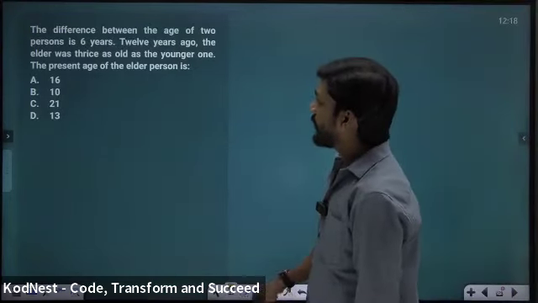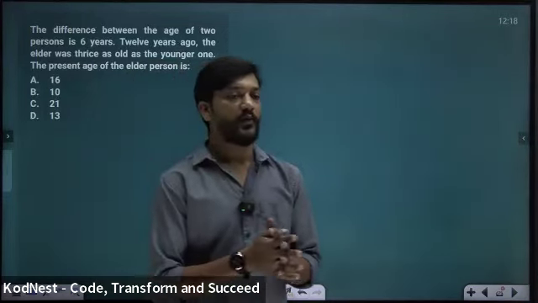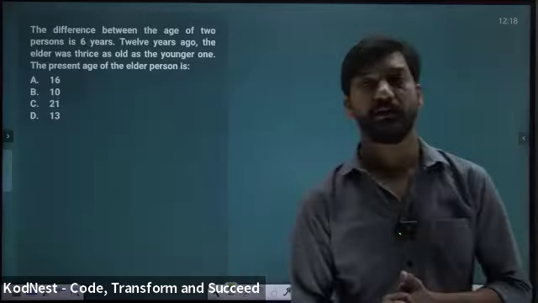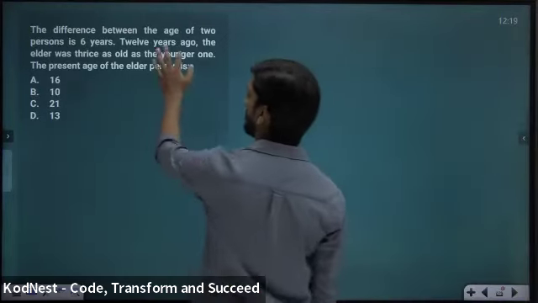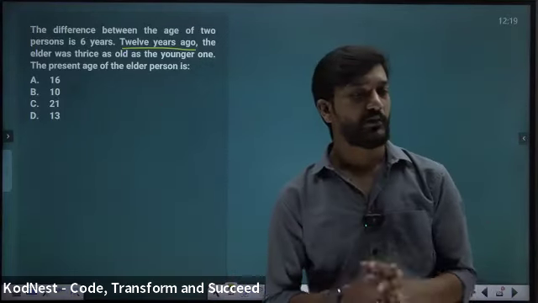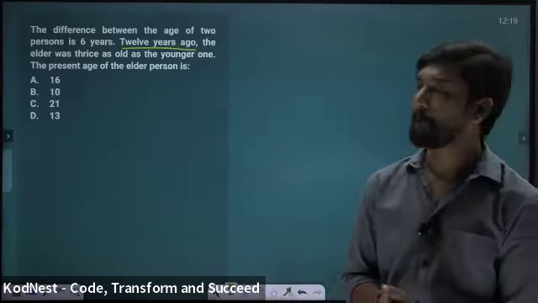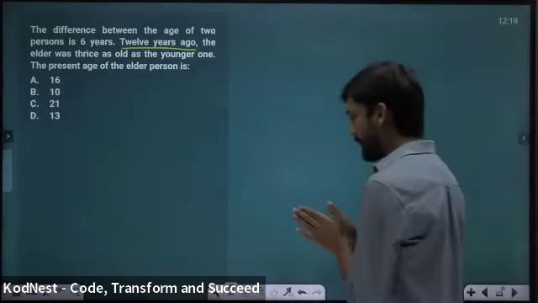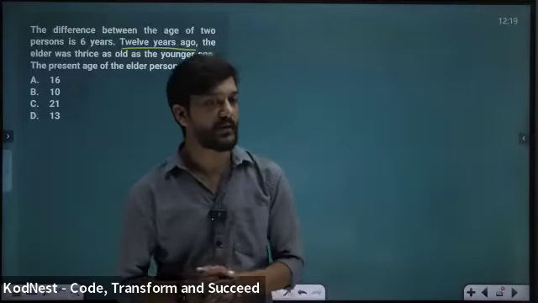All right. Please carefully answer. What is given? Ratio. 12 years ago, they have given something. Is it a ratio? The elder person was thrice of the younger one. Is it a ratio?